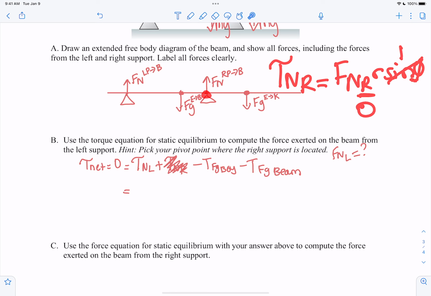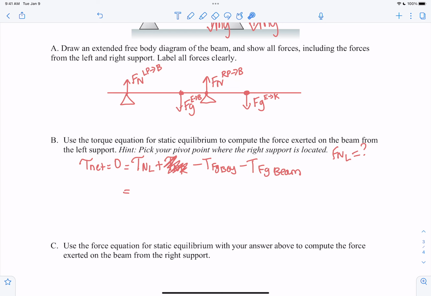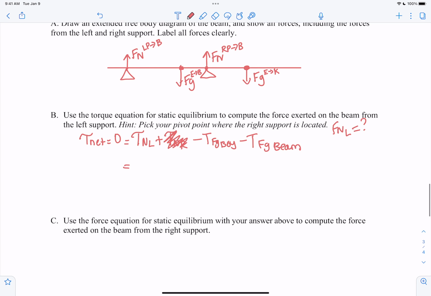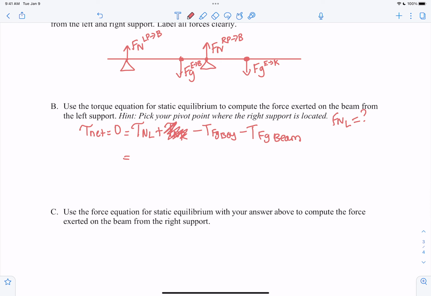R is 0. So if this is 90, if this is 100, if this is 120 newtons, it doesn't matter. Since you're picking the pivot at that right support, you're making r equal to 0, so therefore the torque is equal to 0. So then we're just left with the torque from the left support minus F_G r sine 90, since these are still along perpendicular angles, 90 degrees.